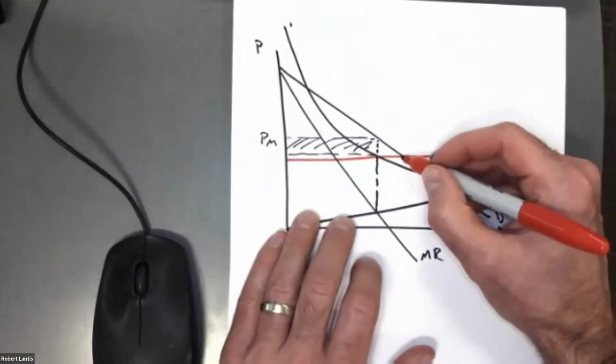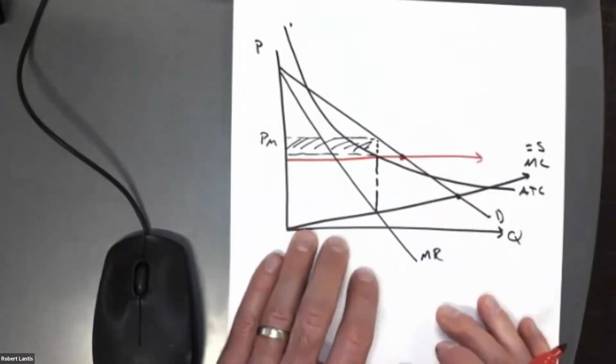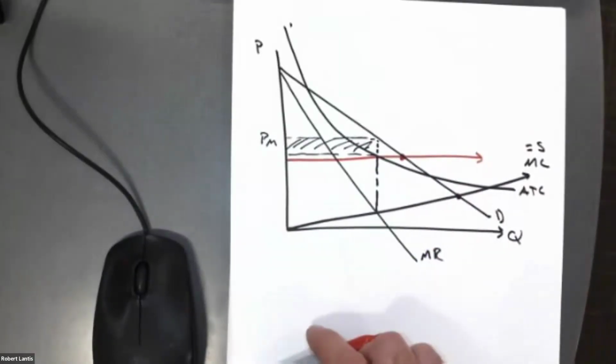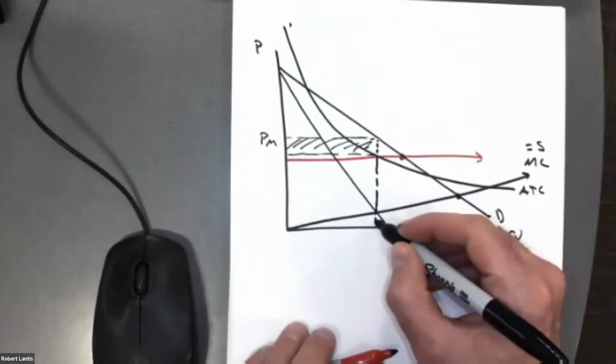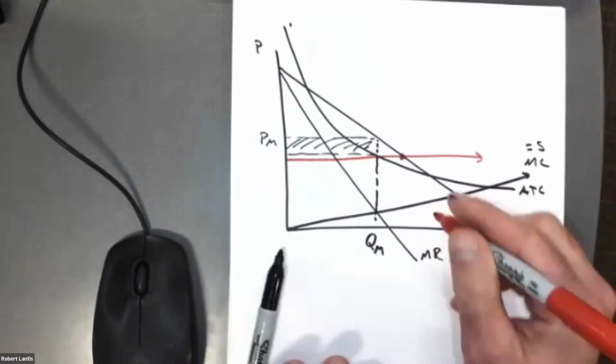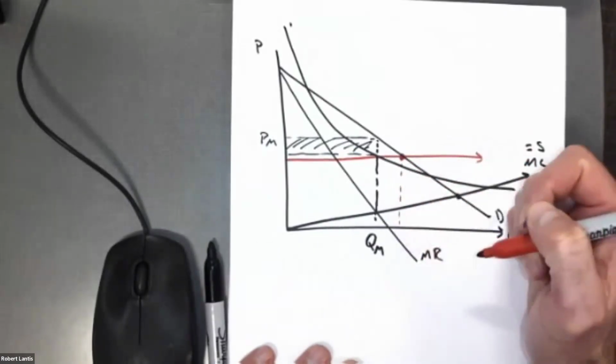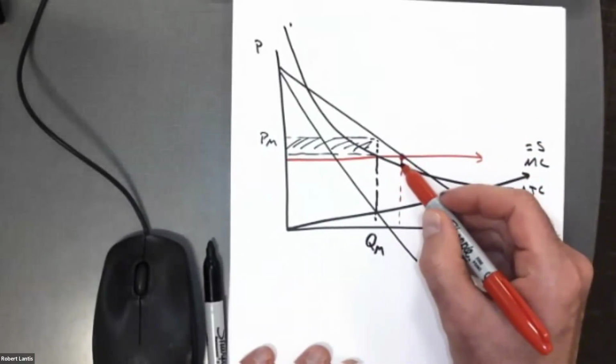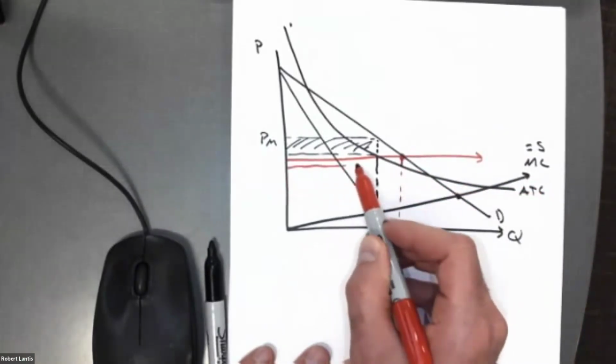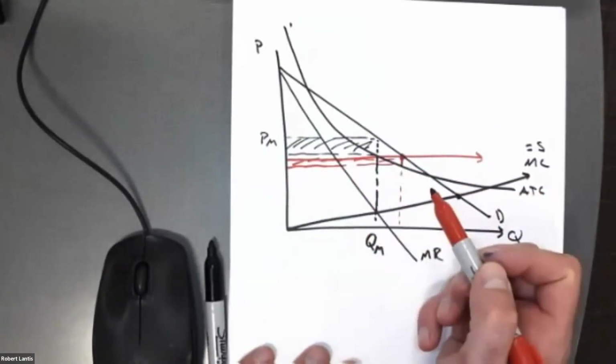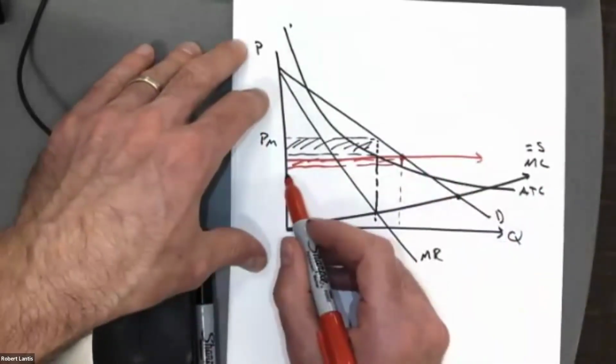That pushes the quantity out. So here is the quantity of the monopolist. The new quantity they would produce is out here. Price is still above average total cost, so they still have some positive profits. I'm going to continue to lower that price.